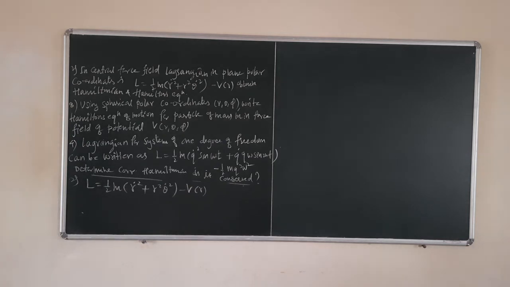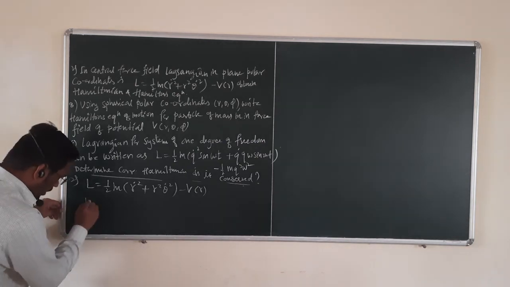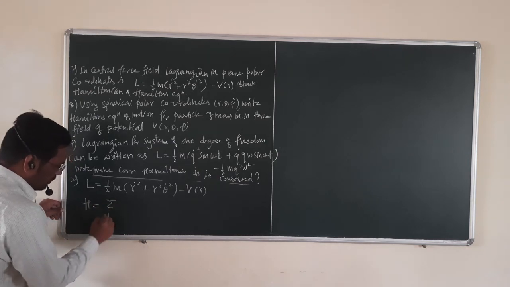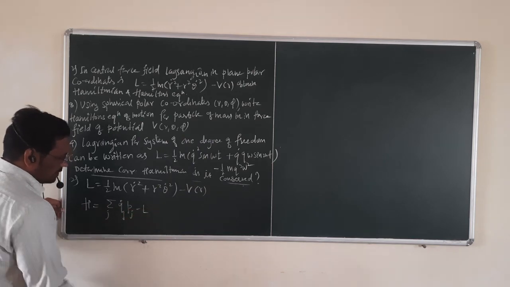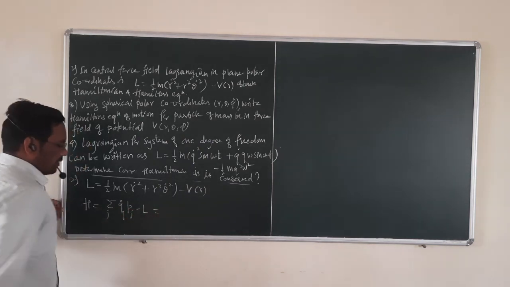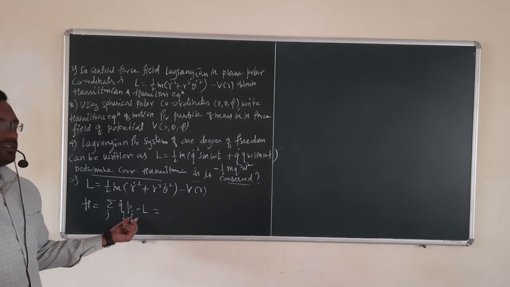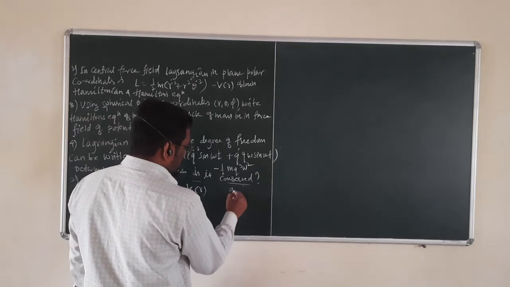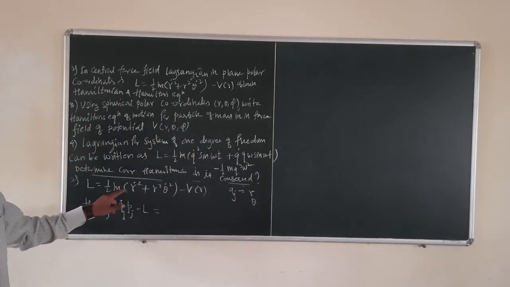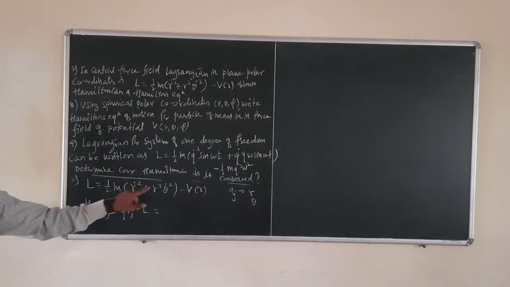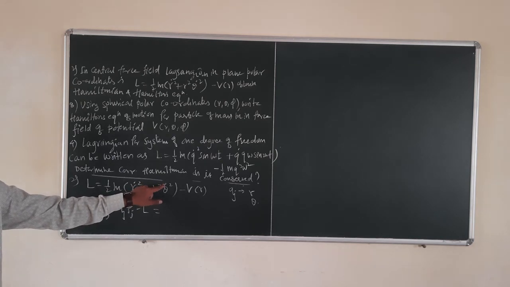So this is the given Lagrangian, and we have to obtain the Hamiltonian and Hamilton's equations from it. First, the Hamiltonian is the summation over j of q̇j pj minus L, where qj means the generalized coordinates. Here we have two generalized coordinates: first is r and second is theta. Here we are taking derivatives with respect to r as well as with respect to theta.